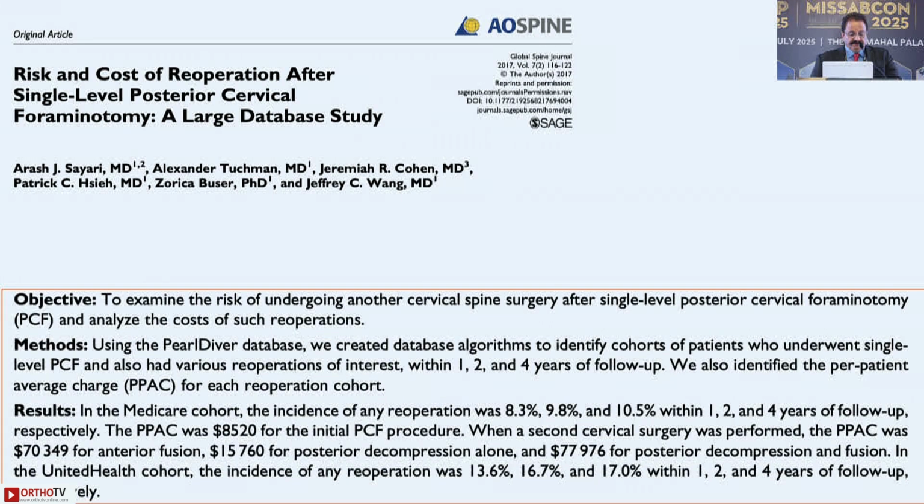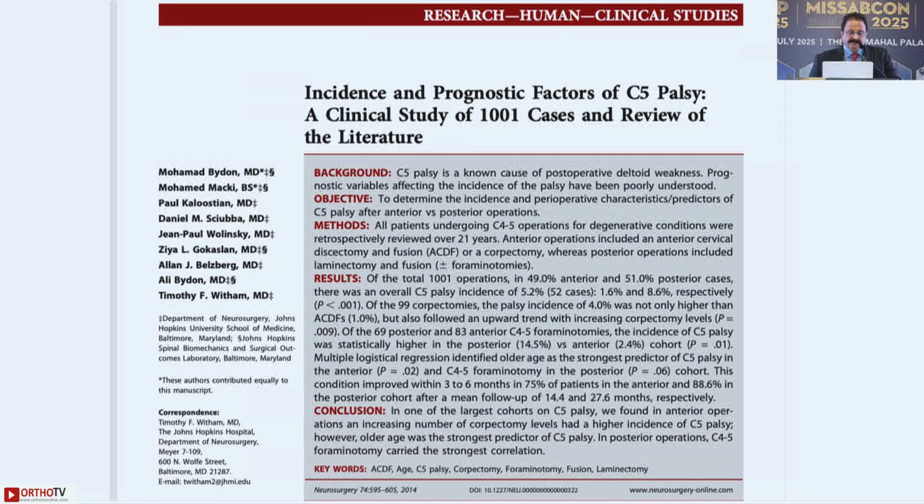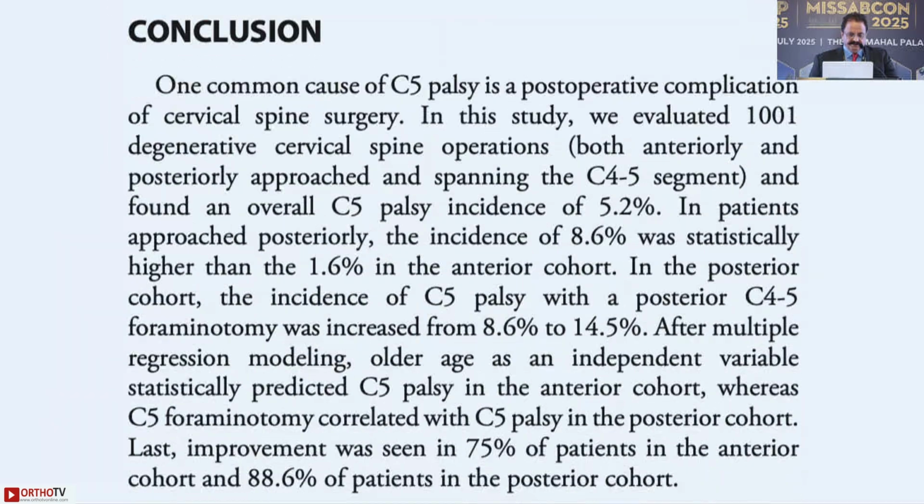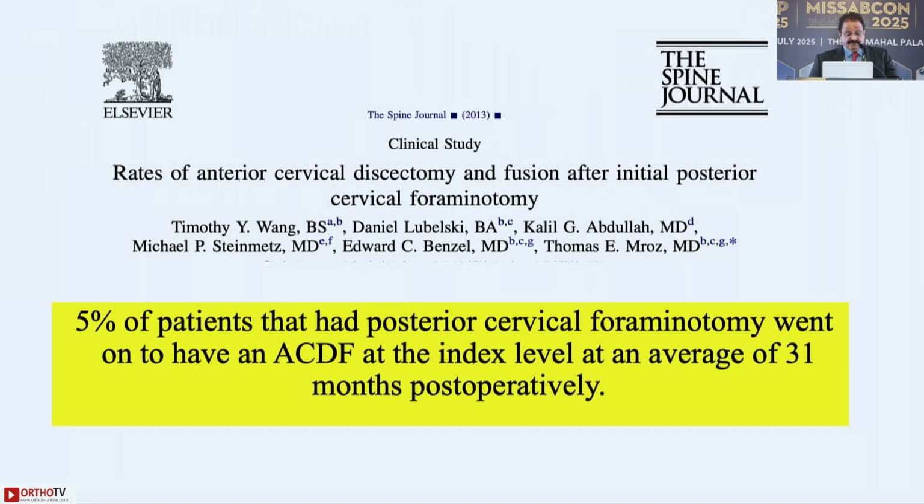And they looked at the revision surgery: primary surgery cost $8,000 and revision surgery went up to $70,000 US. Similarly, in the C5 palsy case, the posterior approach has more incidence, and 5% of patients that had posterior foraminotomy underwent ACDF at the index level at an average of 31 months postoperatively.